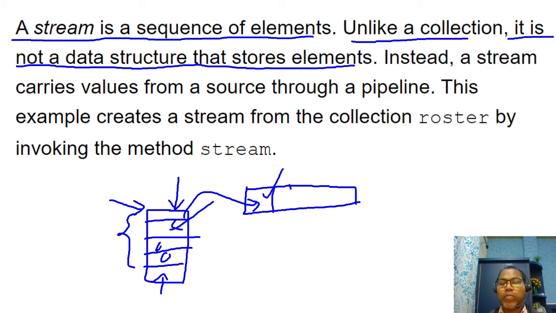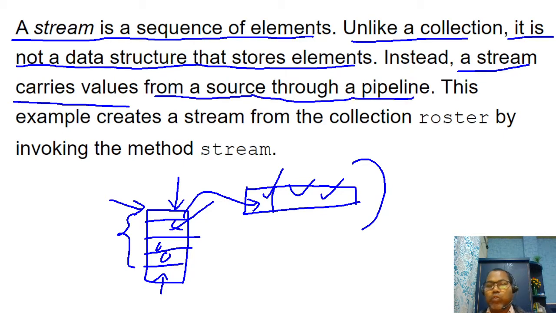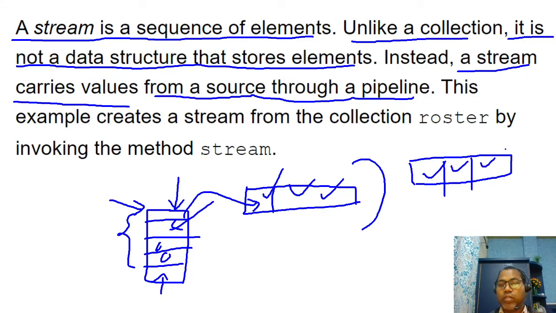One by one, the elements are processed in the stream. The stream carries values from the source through the pipeline. The pipeline, as we discussed, is a sequence of aggregated operations like filter, forEach and map. A stream is not a data structure; it carries and processes elements one by one.